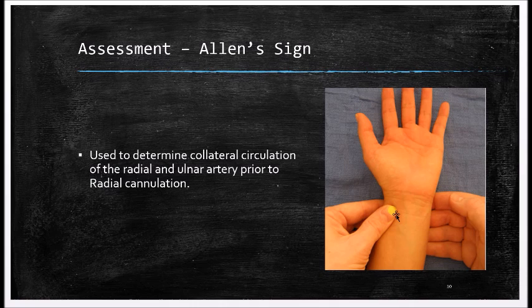Have the patient close their fist and see that their hand goes from white to pink in a relatively short amount of time, in a few seconds. That will mean that the patient does have good collateral circulation, and cannulation by insertion of an arterial line is adequate for that patient.